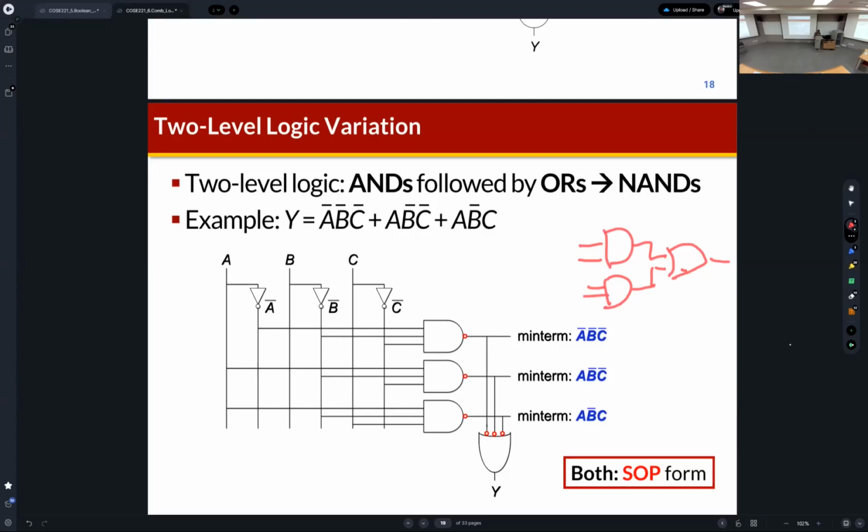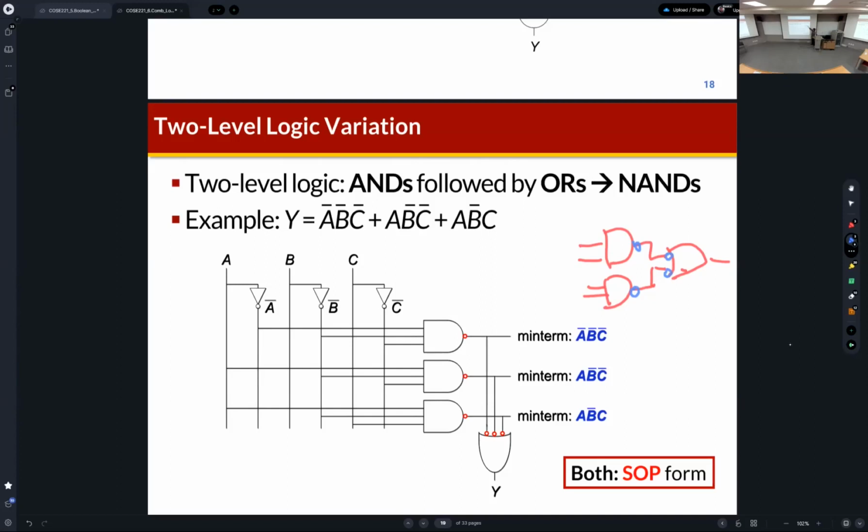But we can apply De Morgan's theorem in this structure. How? We add a bubble here and a bubble here, and also a bubble here and a bubble here. What does that mean?